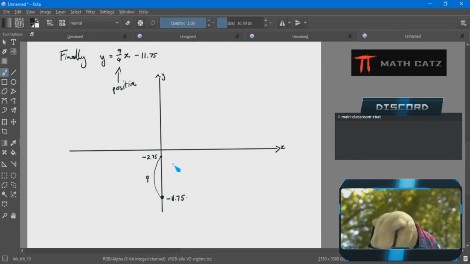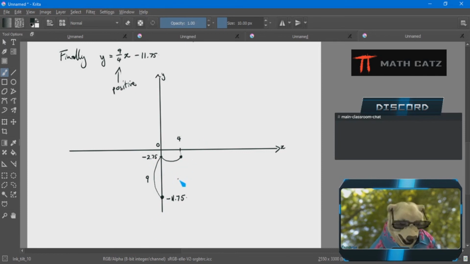You don't always need to do that. It's just easier to put things in the right place. So 9 up would correspond to 4 to the right. So that gives me a point here with an x-coordinate of 4, because I was on the 0 x-coordinate, and negative 2.75.